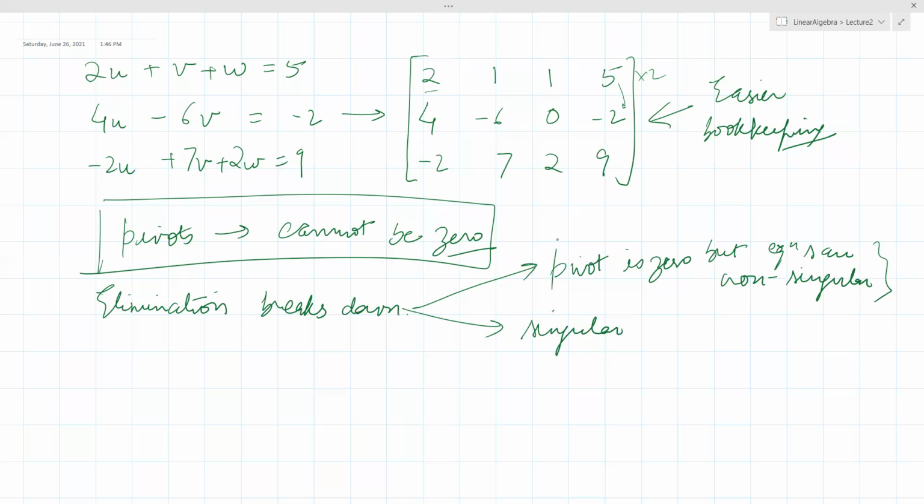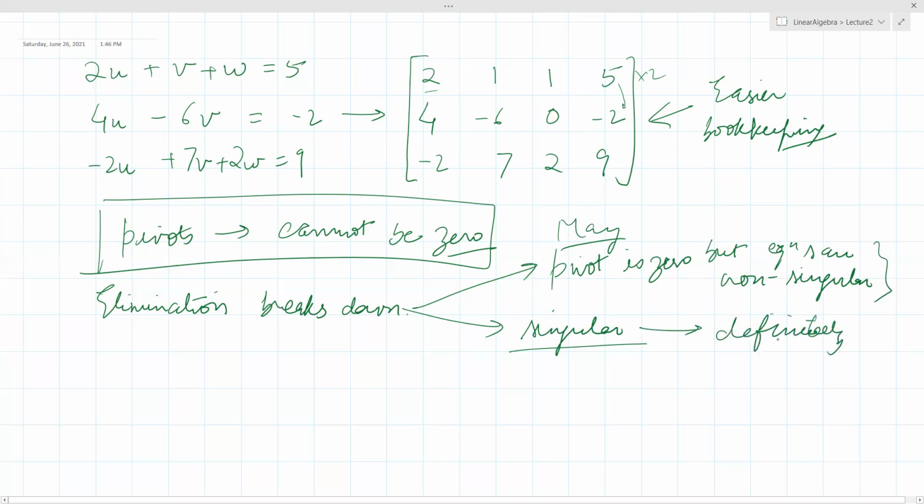If your equations are non-singular, there is a possibility that your pivot may become 0 and your Gaussian elimination may break down. But if the equations are singular, definitely your Gaussian elimination is going to break down, because you don't have a solution available, or you have an infinite number of solutions. In both cases this is going to break down, because you will see that your pivot becomes 0.